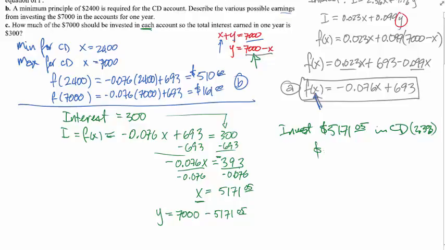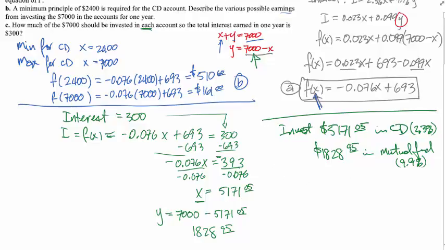So we're going to invest $1828.95 in the mutual fund, and the mutual fund is the one that's 9.9%. Okay, so that's our answer for part C. Hope that helps.